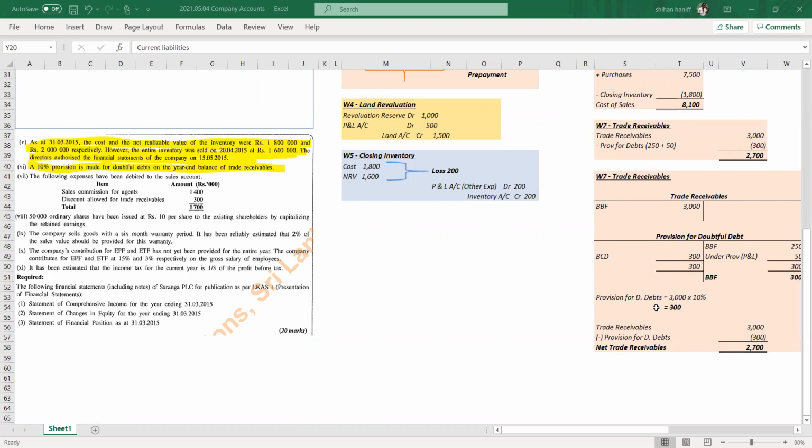We don't receive the doubtful debt; it is a general provision that we make from the total debts. So that can increase or decrease. Every year we make a provision, so you compare with the last year and make an under or over provision. Under provision means it is treated as an expense. Over provision will be deducted from the expense. Right, next.